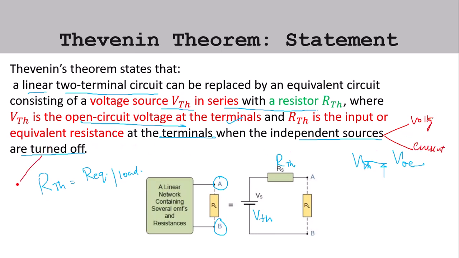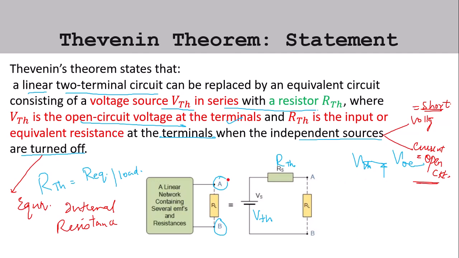Turned off means they must be replaced by their equivalent internal resistances, which actually means if there is a voltage source, it must be shorted, because the internal resistance of a voltage source is 0, and if it is a current source, it must be replaced with an open circuit, because the internal resistance of a current source is infinity.